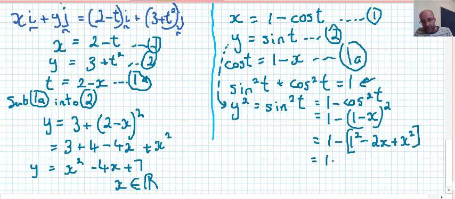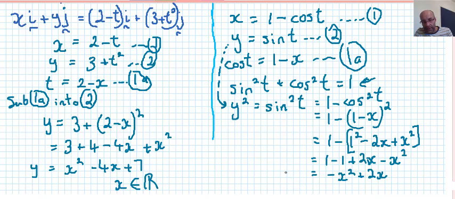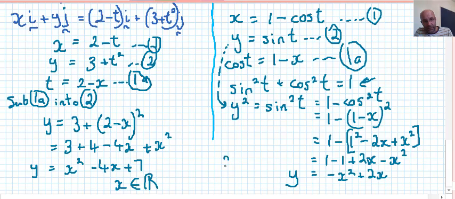So that minus sign in front of the square brackets changes the sign of everything, as you know. And we have negative x squared plus 2x, and the 1's cancel. So x is a real number and y equals negative x squared plus 2x, so that's parabolic. Okay.